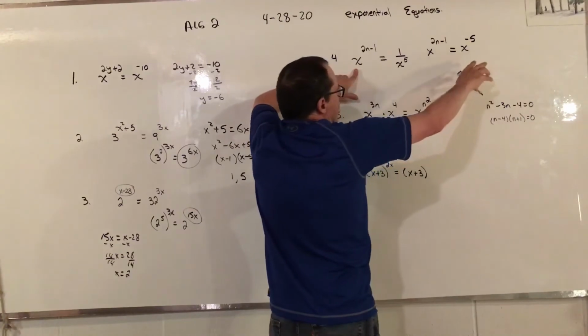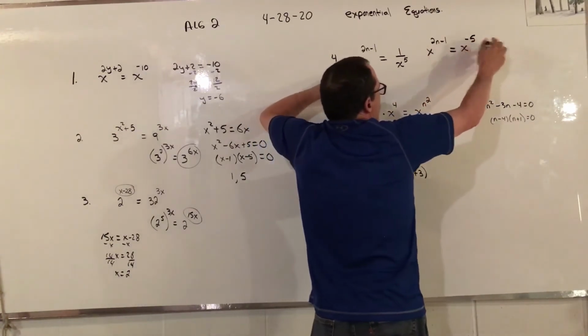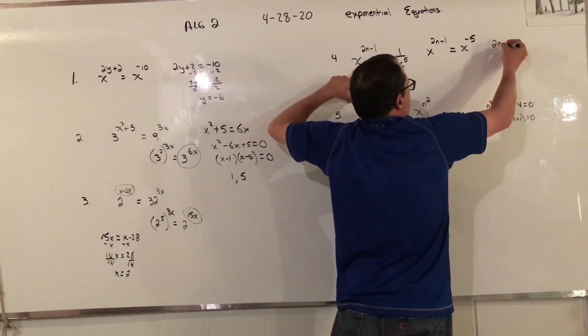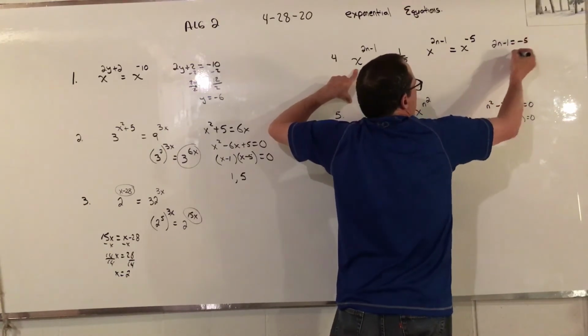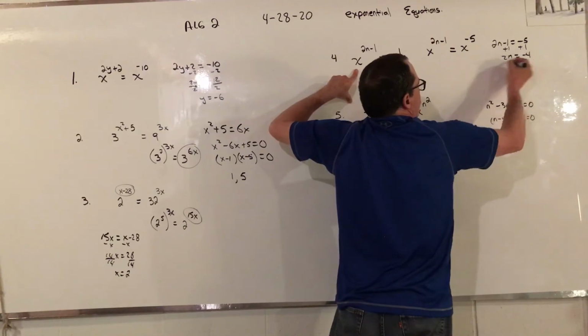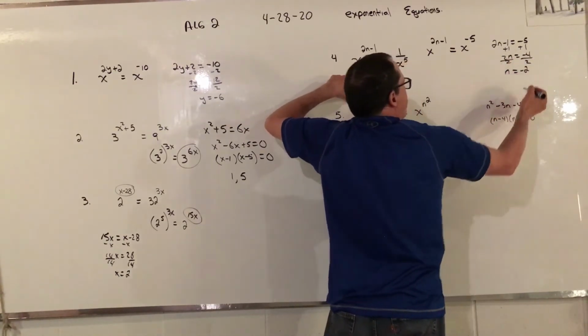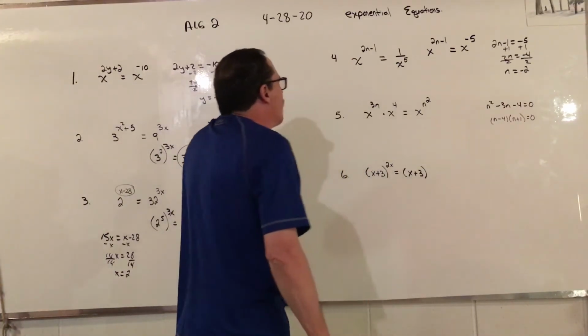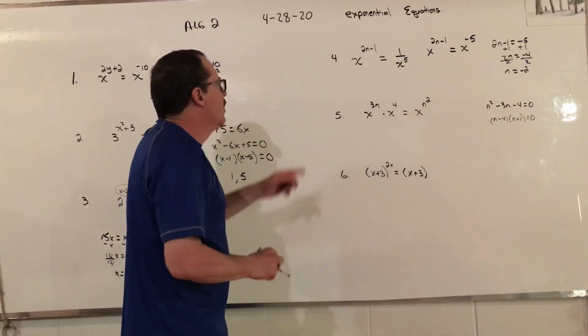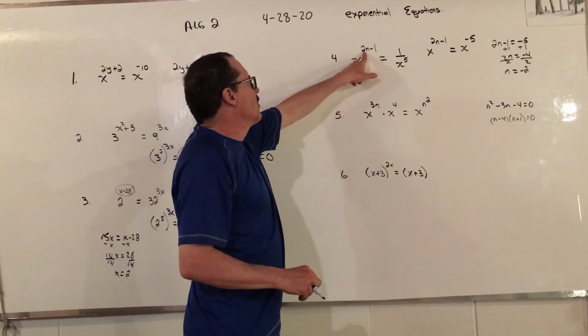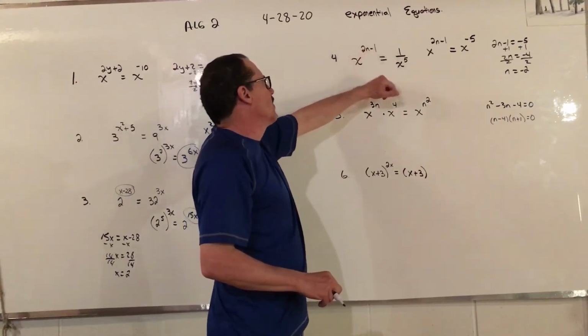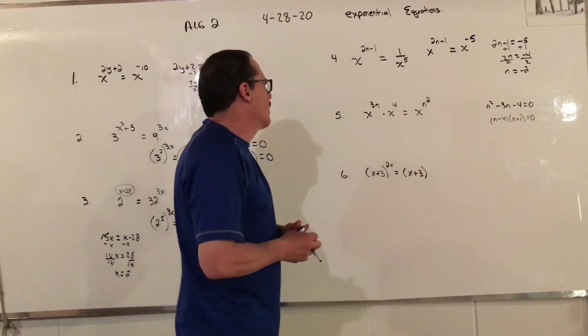Now I can say that 2n minus 1 equals negative 5, and I would add 1 to both sides. 2n equals negative 4, divide both sides by 2, n equals negative 2, and I'm done with that one. If you put negative 2 in here, you can see this could be x to the negative 5, which is exactly the same thing as 1 over x to the 5th.